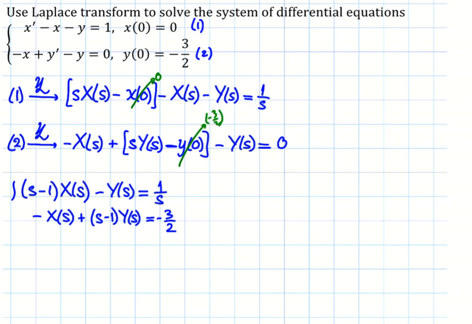That's two equations. Either we eliminate x and solve for y, or eliminate y and solve for x. I will eliminate x here because all we need to do is multiply (s minus 1) to the bottom equation. The top equation will stay the same.